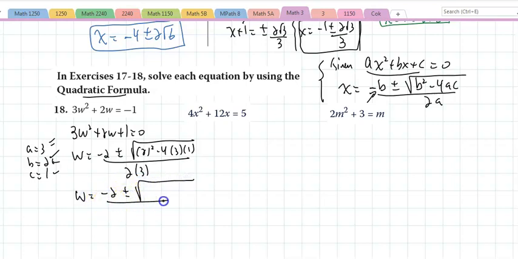The catch with this, you got to clean up the radical. That's why I prefer completing the square. This is a 4 minus 12 over 6. W will equal a negative 2 plus or minus. 4 minus 12 is a negative 8.